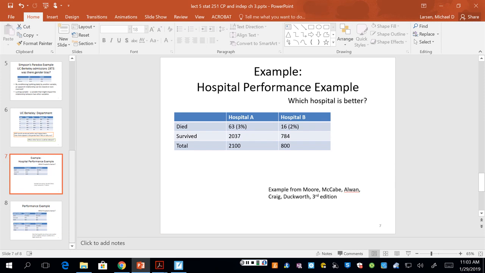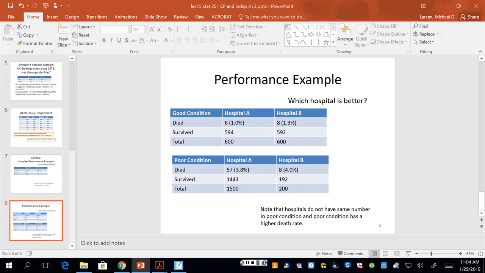What other factors might be relevant in looking at hospitals? Types of people they take in. It's the type of people they take in. If Hospital A is getting, well, the next slide is exactly that. So say some people might come in a relatively good condition.